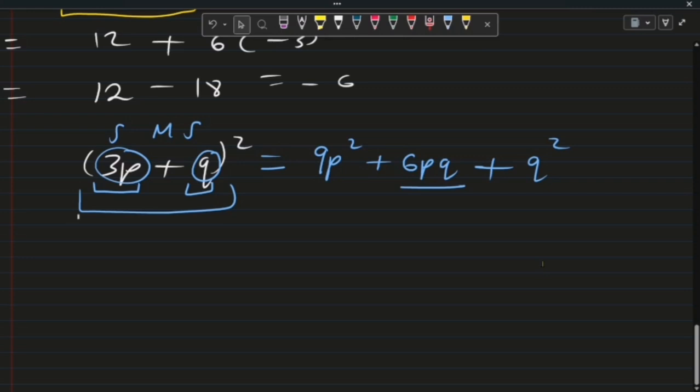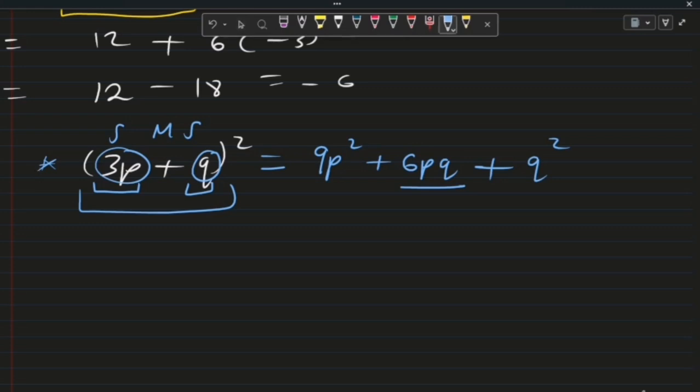Okay, so that is just one tool to add to your toolbox. Another useful thing that you can look at when you are simplifying expressions of this sort is the mark scheme.